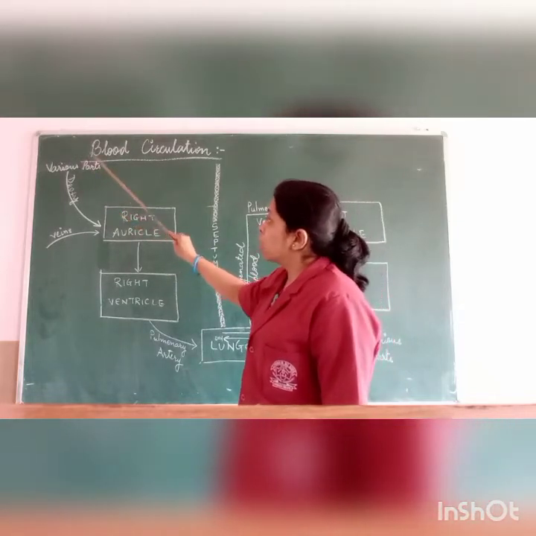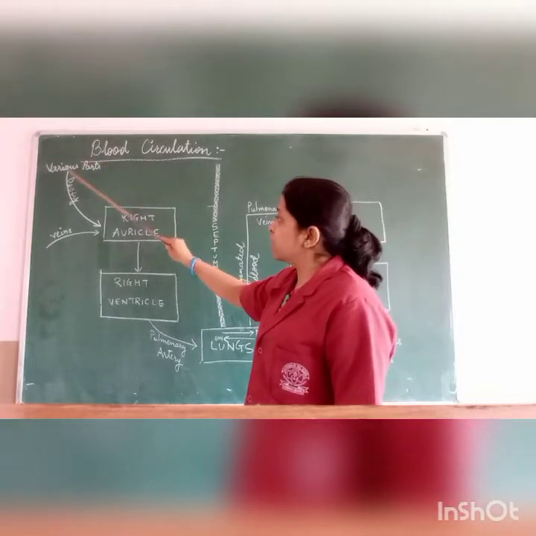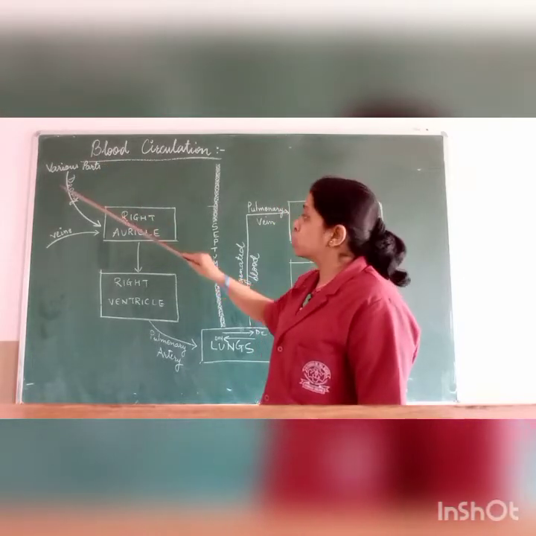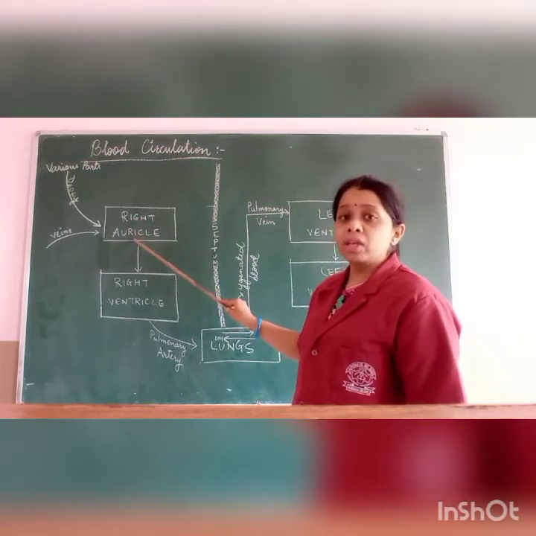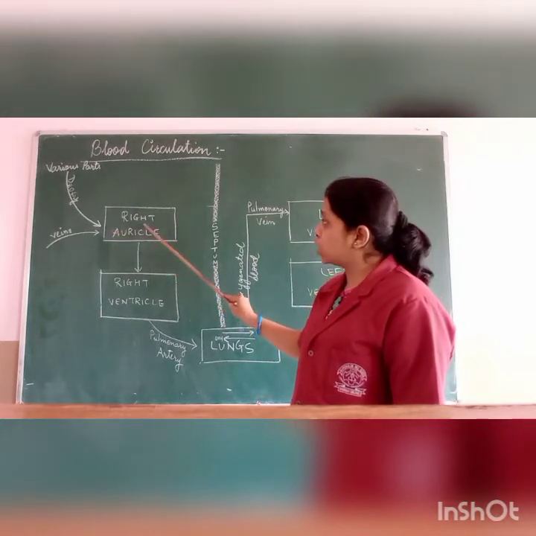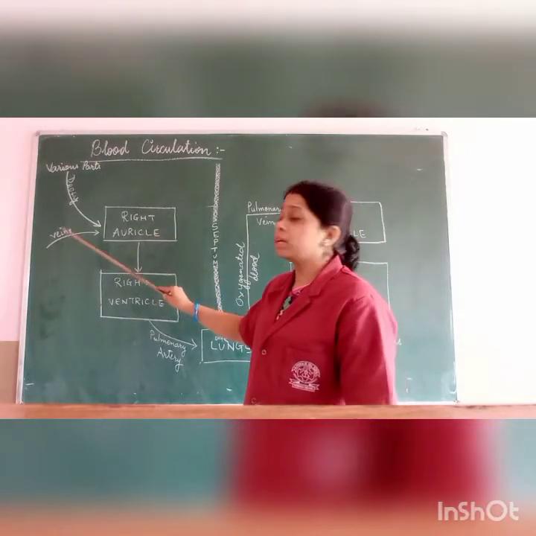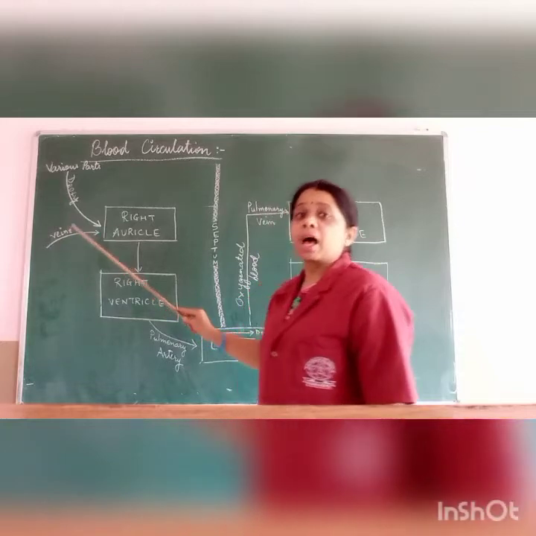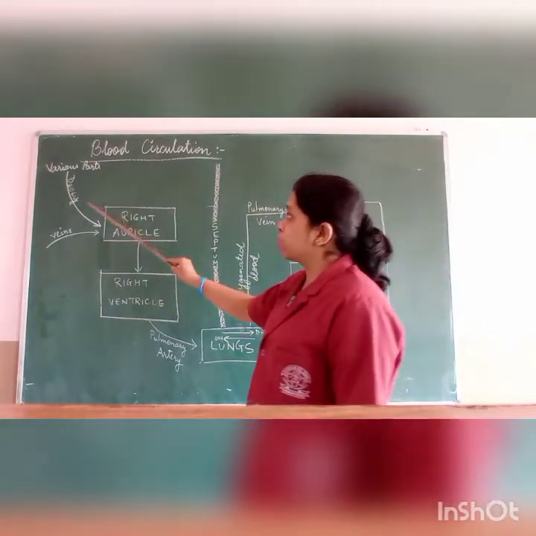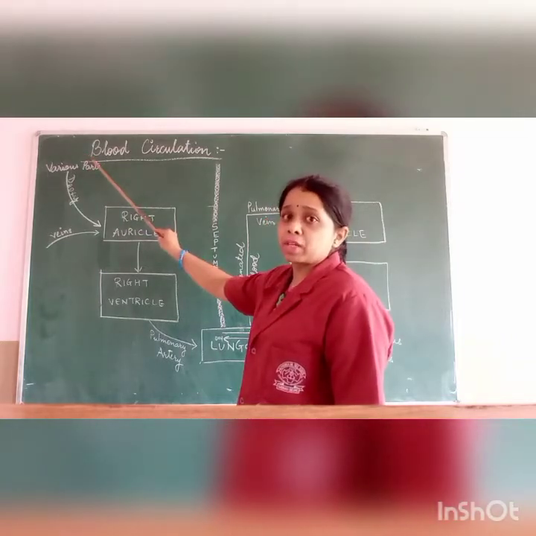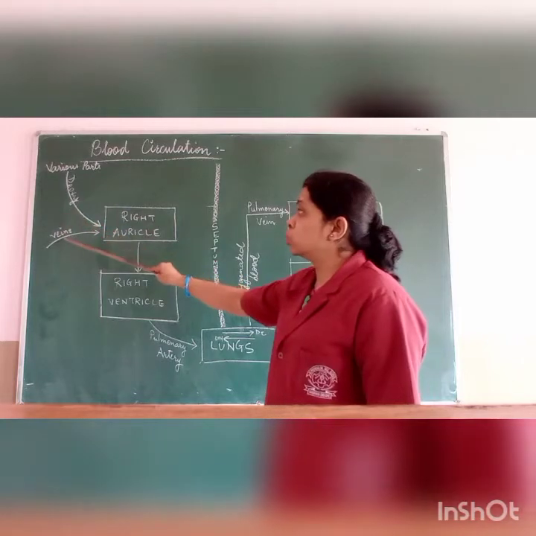So various parts of the body will send the deoxygenated blood to the right auricle first. Through what will it pass? It will pass through the veins. I will repeat this point, listen carefully. Deoxygenated blood will come from various parts of the body and will enter the right auricle through the veins.